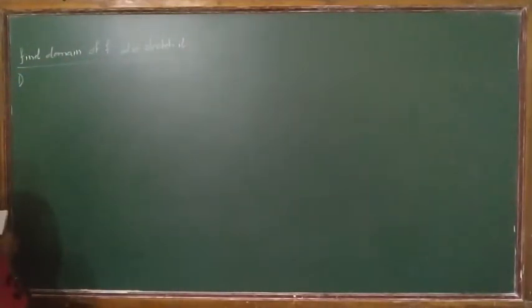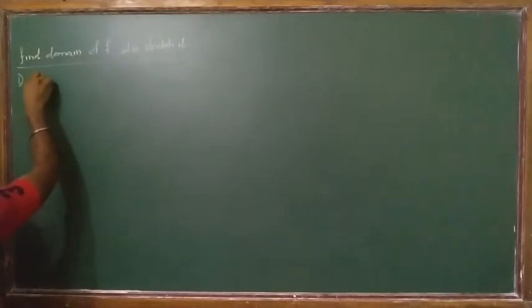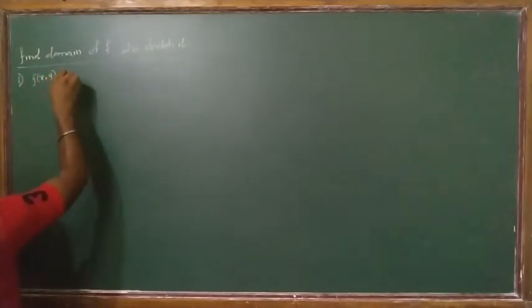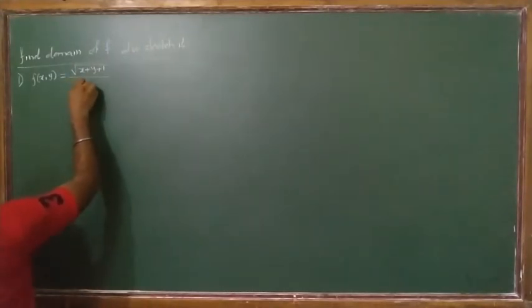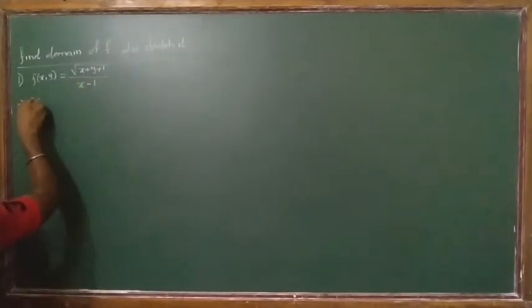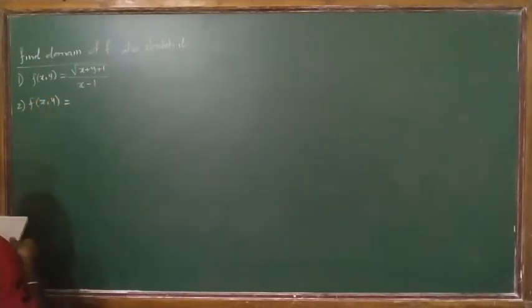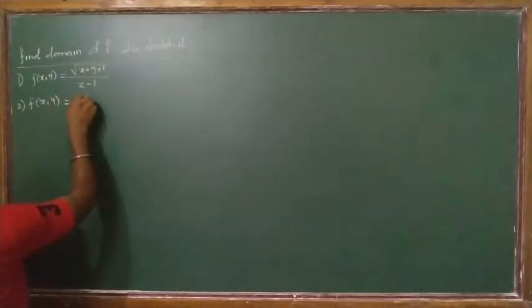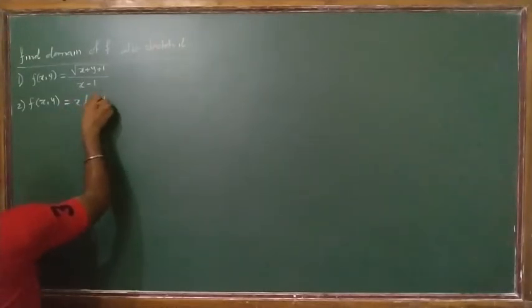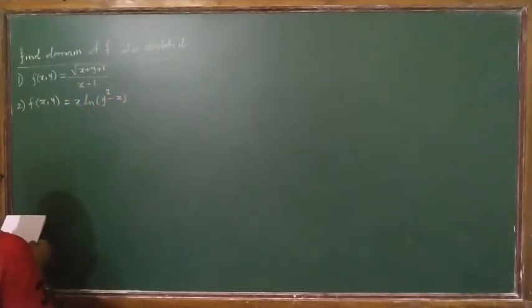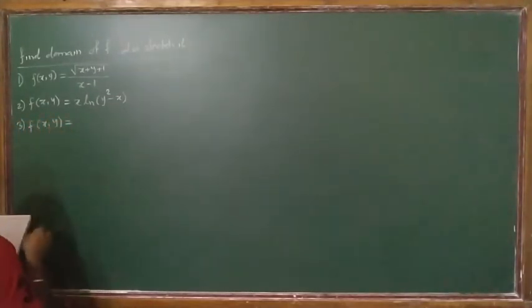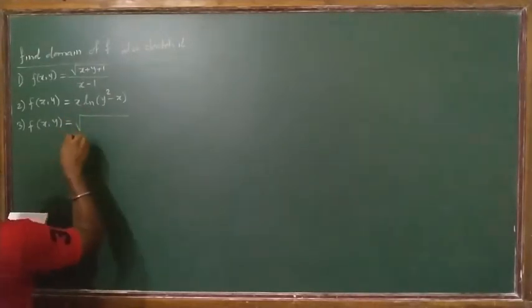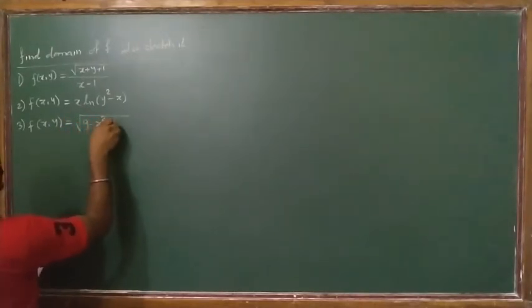So first example, we can have function f to be square root of x plus y plus 1 upon x minus 1. The second function f would be x into ln of y square minus x. The next function is under root of 9 minus x square minus y square.